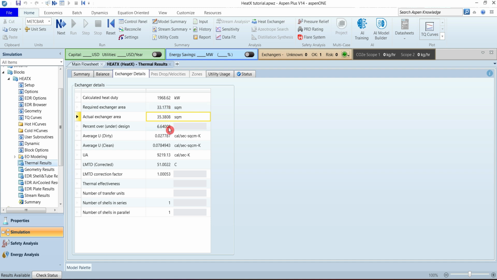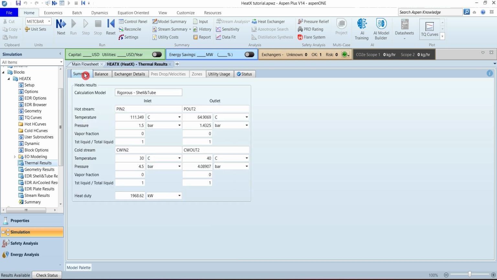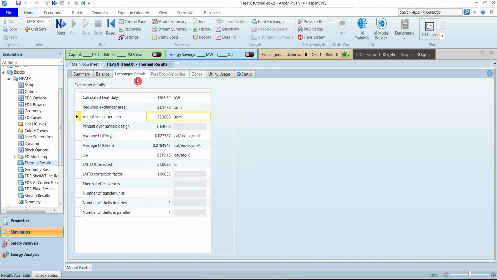The actual area is 6.64% over design. So that is in the safe limits. So still, to meet the same service, to drop from the saturated condensate to nearly 65 degrees Celsius, the new calculation suggests that the required duty is different from the previously calculated duty, and even the area is slightly different.